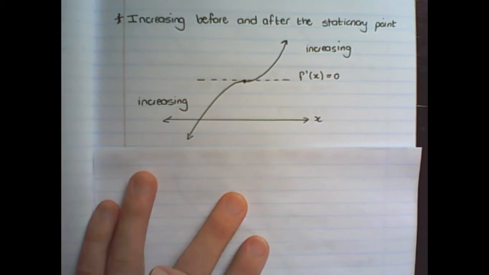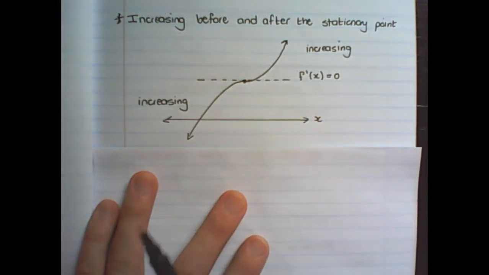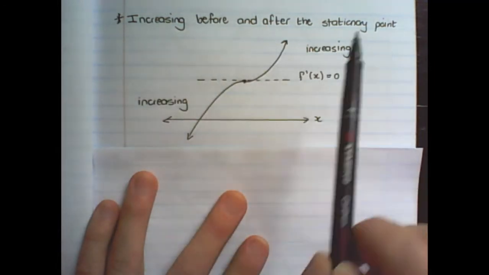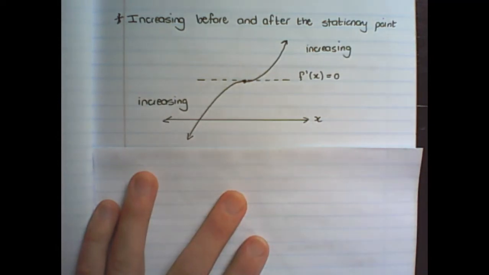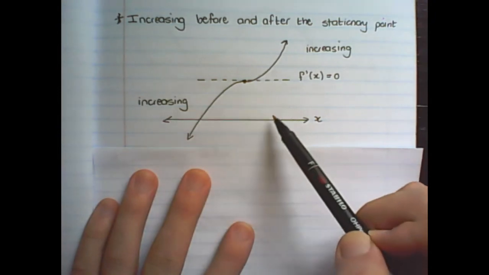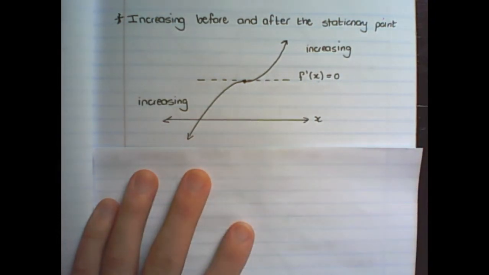We are still discussing a cubic function, and one possible variation of a cubic function is a function that is increasing before and after the stationary point. So in this cubic function, instead of it having two stationary points, it only has one point.